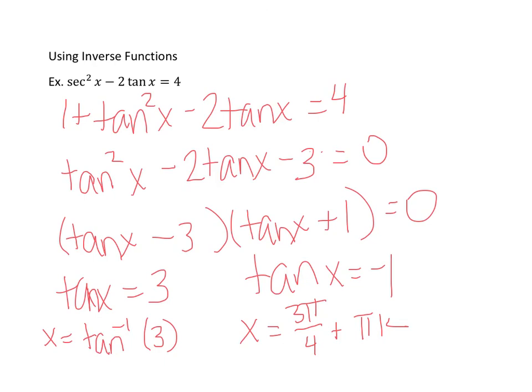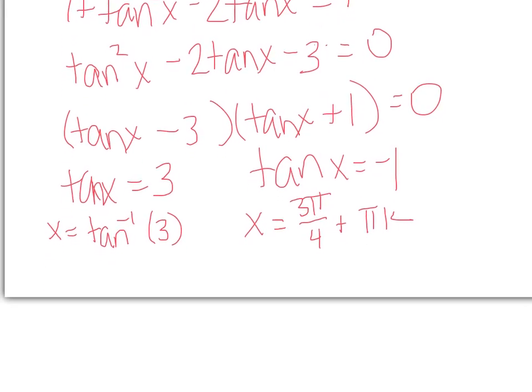So it's going to be a plus pi k answer. So I would put this into my calculator, inverse tangent of 3, and then I would put that answer here, plus pi k. And I don't have a calculator with me right now, or I would work that out.